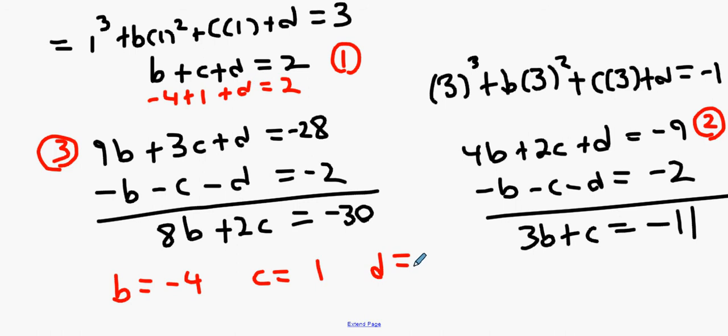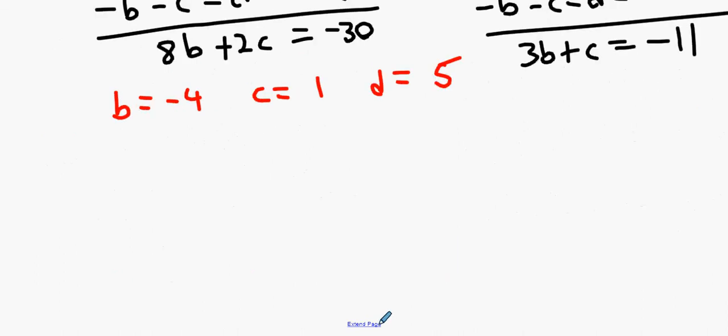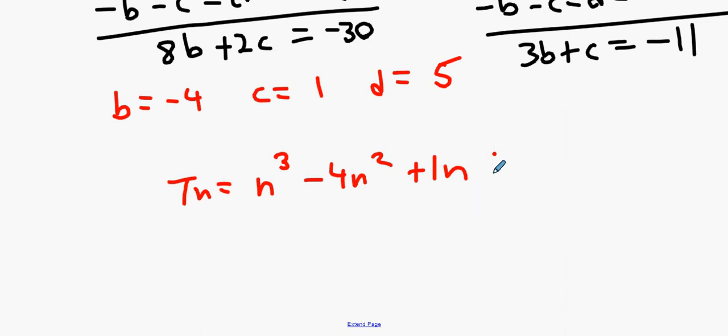Yeah. So what do we have there? n cubed minus 4n squared plus n plus 5. Yeah, so d equals 5. And then your final equation is an cubed, which is 1, bn squared, which is minus 4, cn, which is 1, plus d, which is 5.